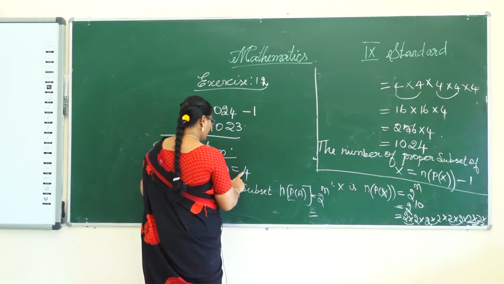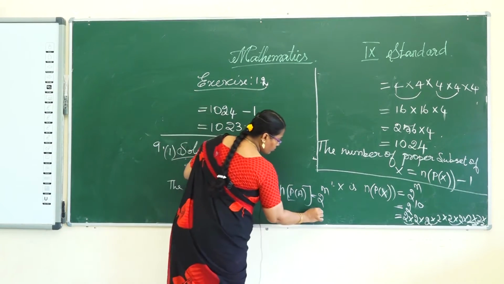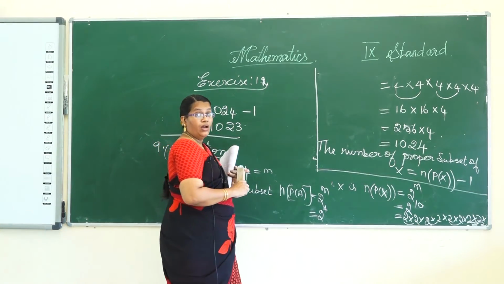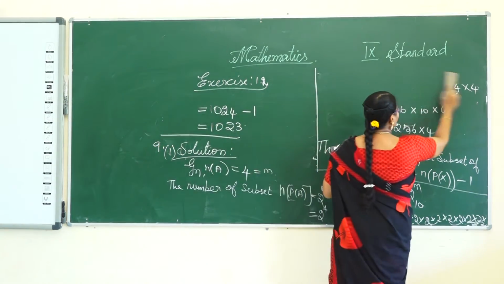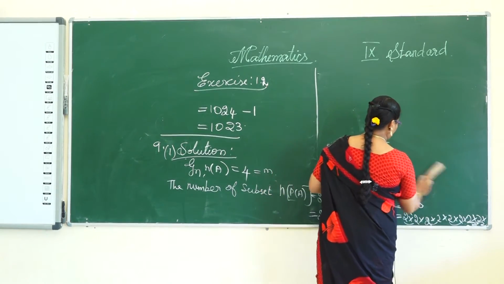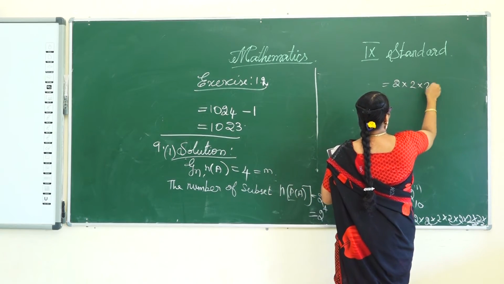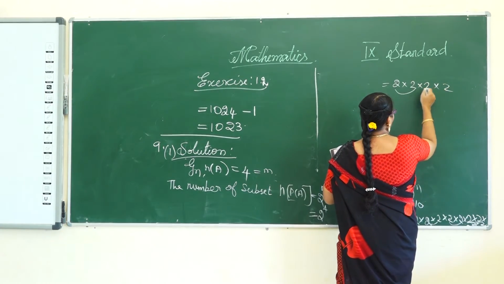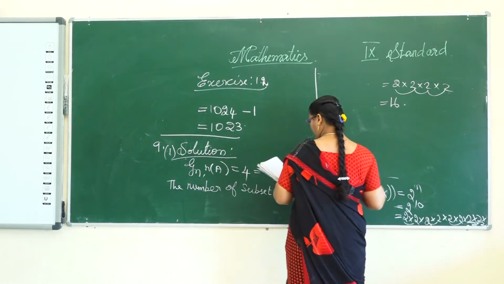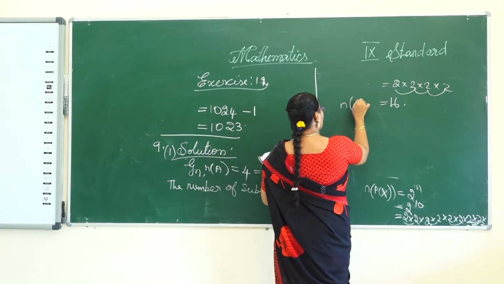Here the m value is 4, so 2 power 4. 2 power 4 means 2 multiplied by itself 4 times: 2 into 2 into 2 into 2. 2 2s are 4, 4 2s are 8, 8 2s are 16. That's all for the first one.